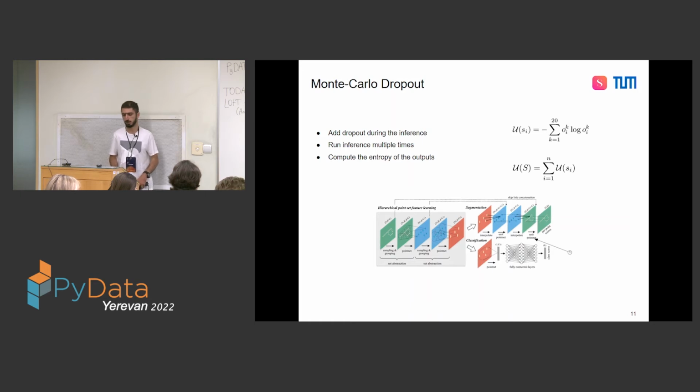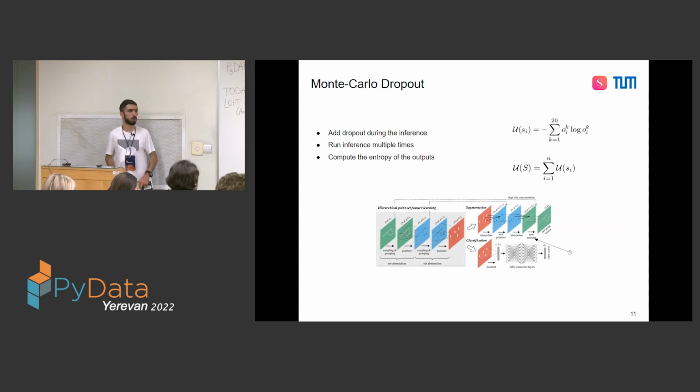On the right side, I have the formula for this. Imagine you run this network 20 times for each input point cloud with the active dropout. Because the dropout is active and some weights are cut off randomly during each run, the output softmax probabilities can be pretty different.